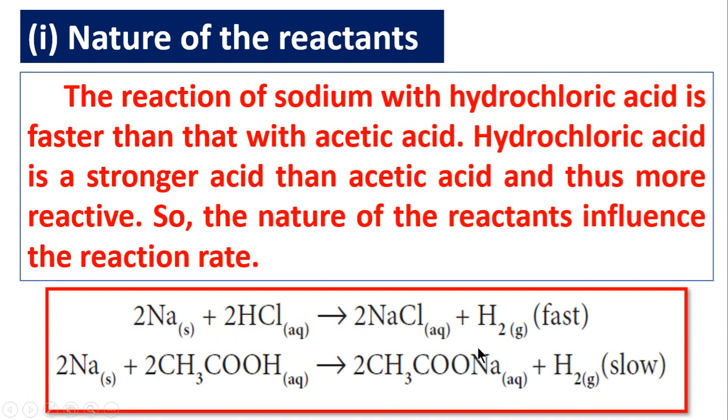It gives sodium acetate, CH3COONa, with the liberation of hydrogen gas. This is a slow reaction because acetic acid is a weak acid. So, the stronger the acid, the faster is the rate of reaction.